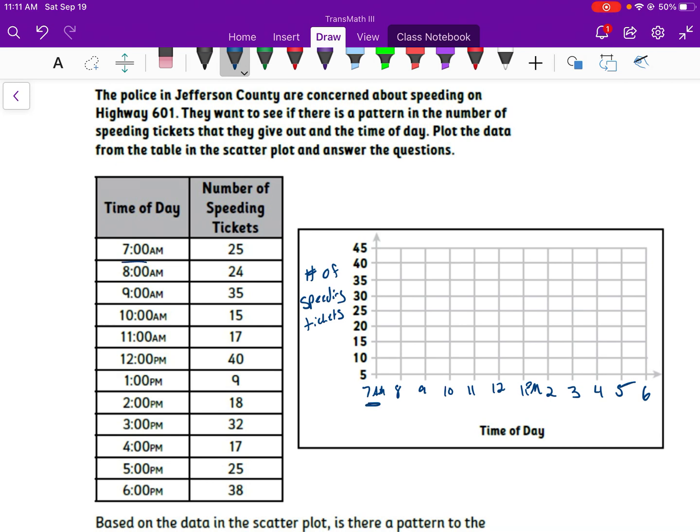At 7 a.m., that's here, there's 25 tickets.